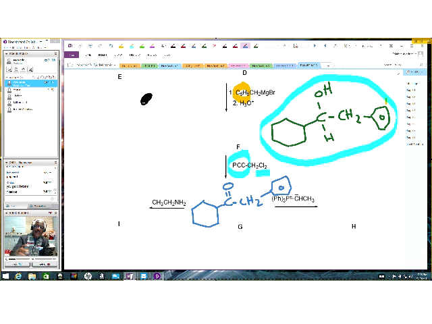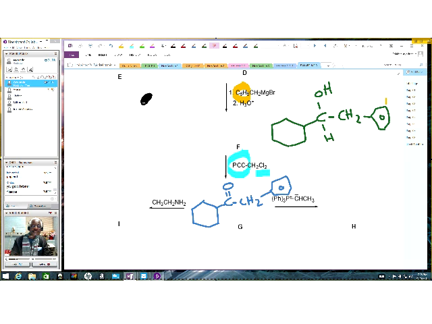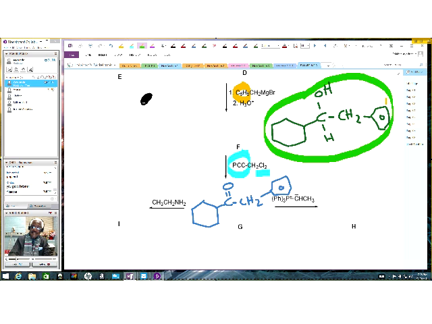So what we've done here is react PCC with a secondary alcohol, which is this here, and then we obtain a ketone. Very good.